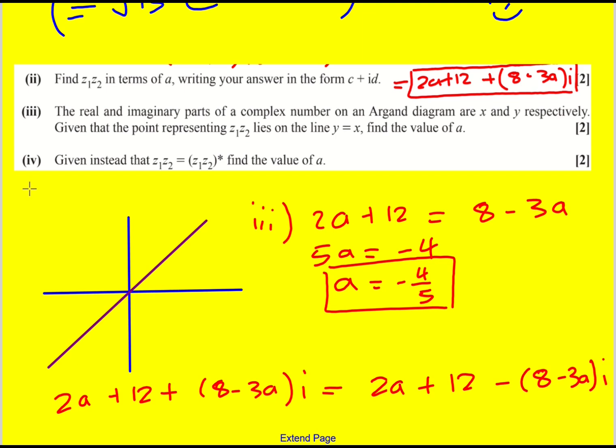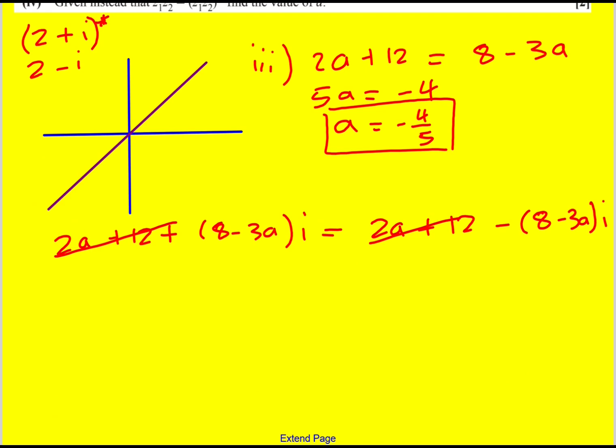Just another example. If we had 2 plus i, then the complex conjugate would be, put a little star there, 2 minus i. So immediately these cancel out. I can also cancel out the i. So this is equal to 0, in fact.